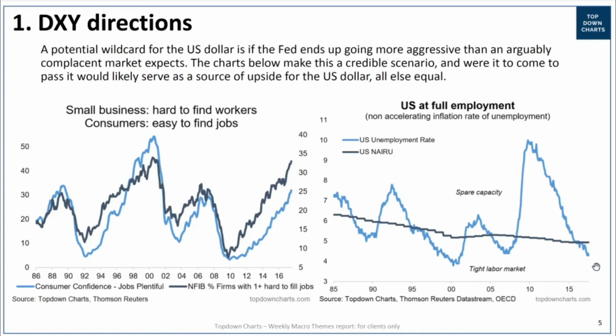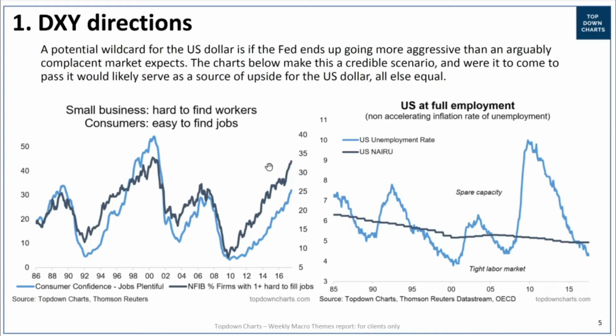So, the problem is if you just showed the unemployment rate, people would say, oh, there's all sorts of data issues with that, and it's not telling you the full story. But then you look at this one to the left, and it's looking at the consumer confidence sub-index, jobs easy to get, and the small business confidence index, which is saying firms are finding jobs hard to fill.